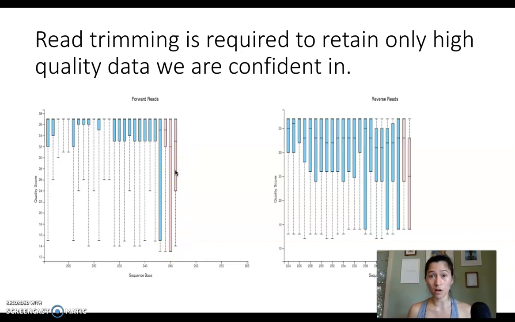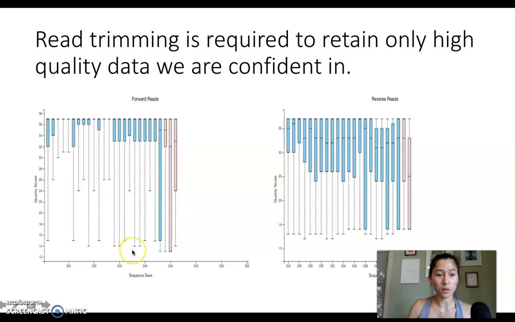A lower quality score means we're less confident that the nucleotide that was assigned is actually the real nucleotide that was present in the sample. That's why we have to do this trimming step. We only want to use the high quality reads that we're confident in.